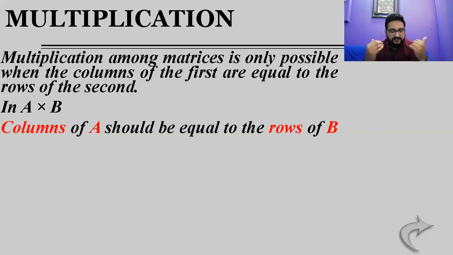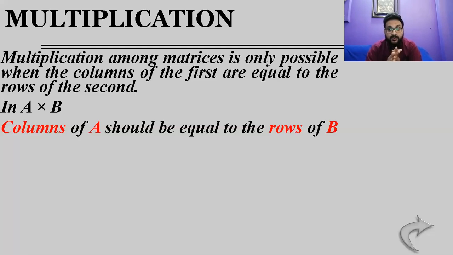Whatever the first matrix is, you can name it P and say P multiplied by Q. So you must check this: A should be the first matrix and B should be the second matrix. In a question the terms may be P, Q, R, and so on.